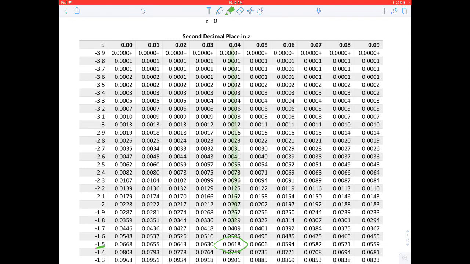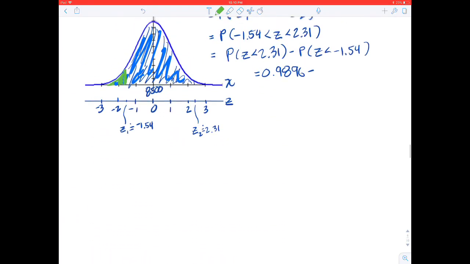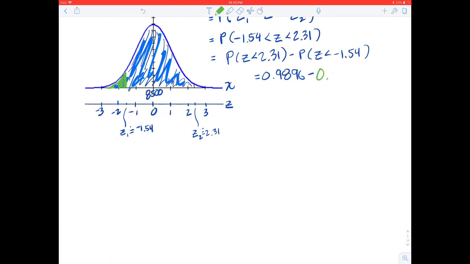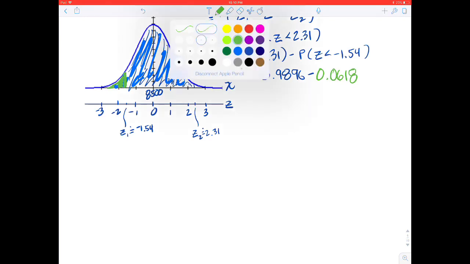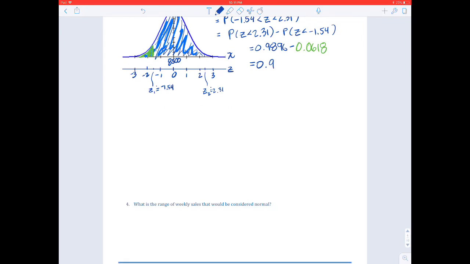So that's the hundredths place. This is the other part of the z-score. So now if we come back there, 0.618. All right, so when we do that computation, we're going to get 0.9278.